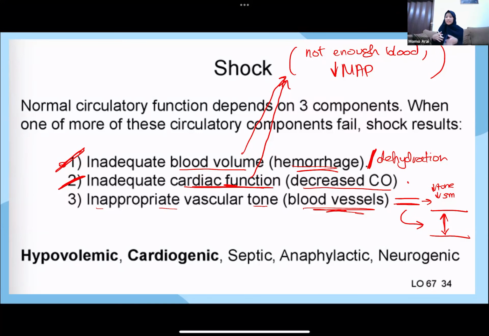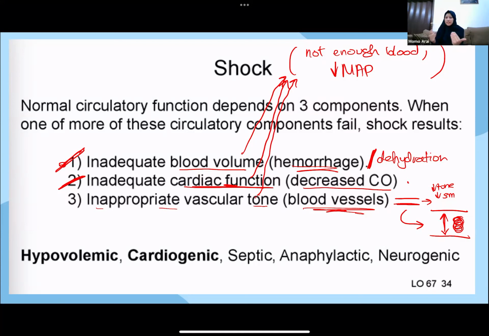This also goes back to the definition, because there's not enough blood going forward to the organs. You actually need a good tone, or sympathetic constriction, to keep the blood going. Because of this dilation, the blood just stays here and does not move, even though it holds a lot of volume.